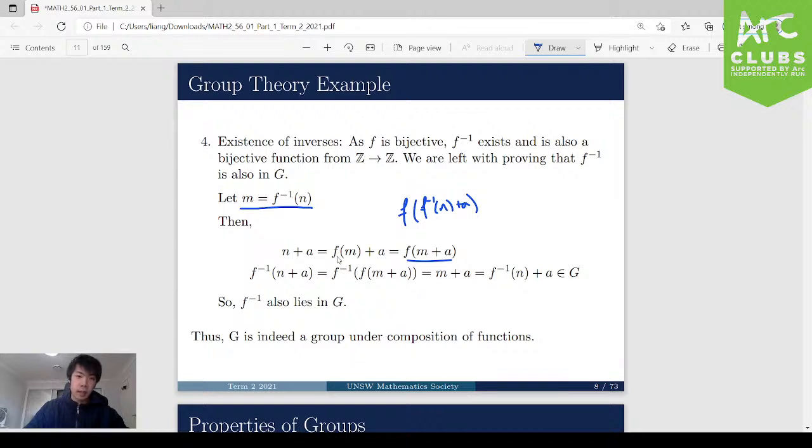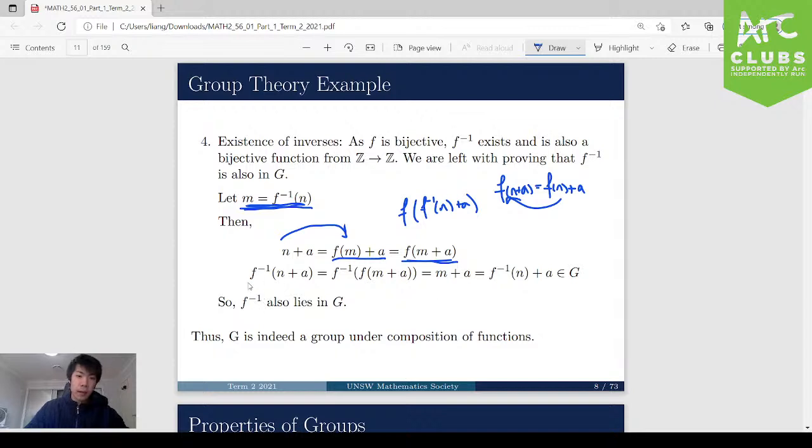Okay. And this just comes from this statement here, right? My n transforms into fm if I just bring this f inverse to the other side. Okay. But then again, by the property of f given to us, this can be rewritten as this, right? Because recall that we have this property here, right? And so we're really just reversing it this way around to get f of n plus a.